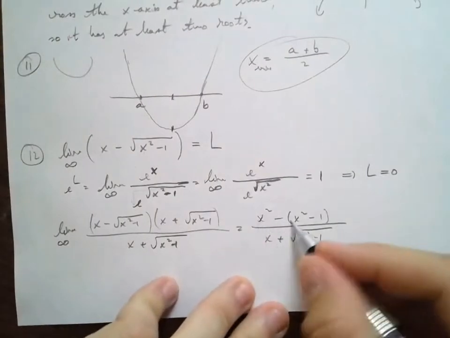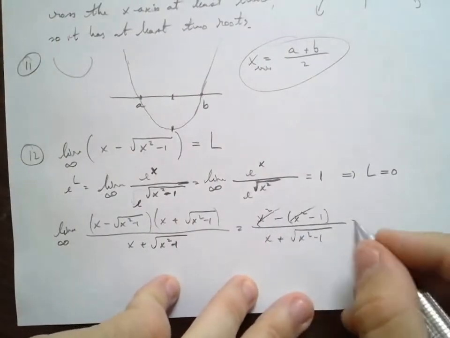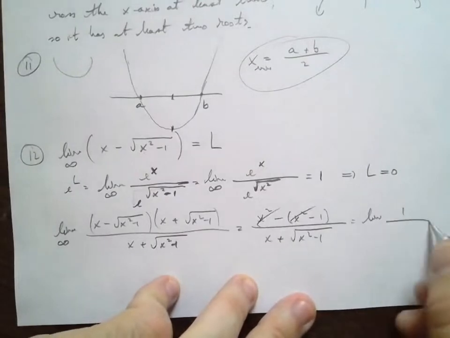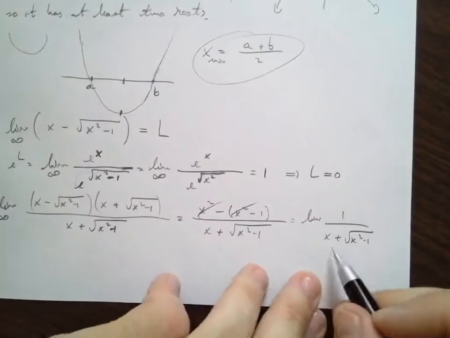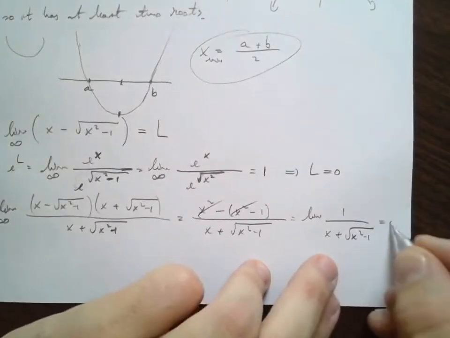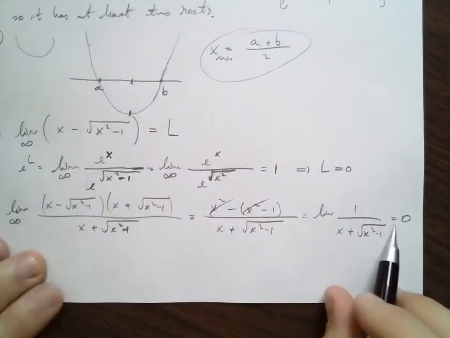So let's see, the x squares are going to cancel. I'm going to have 1 on top, x plus square root of x squared minus 1 on the bottom. Notice the bottom goes to infinity, so the limit is indeed 0. So this is another way to do it, right?